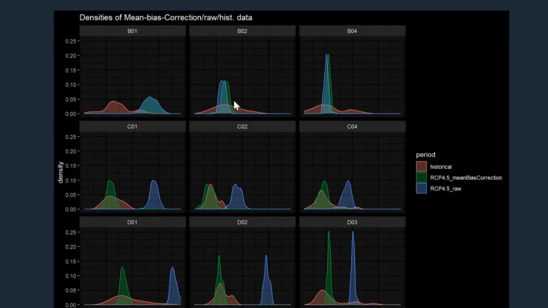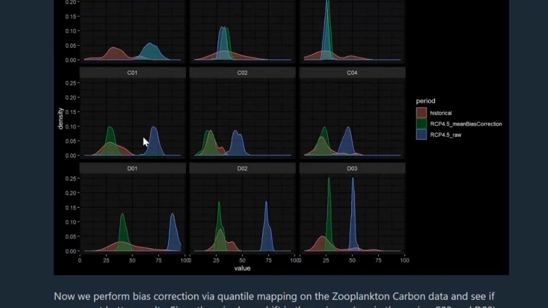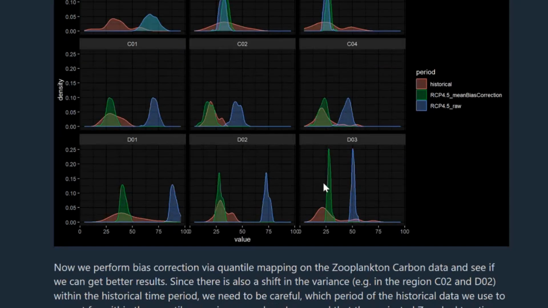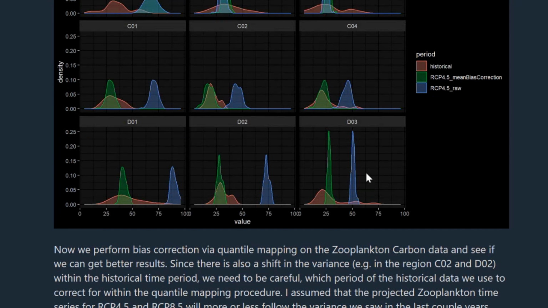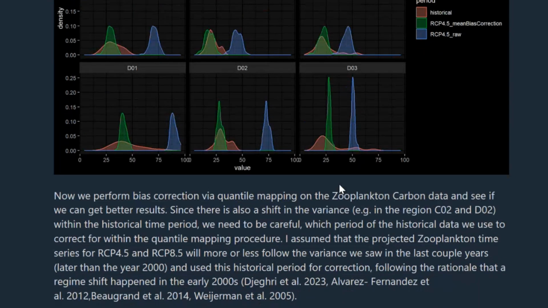For the area C01, your original raw RCP data was way above the historical period, but the mean bias correction shifted it so that the means do overlap quite well. However, the variance here, as you can see by the spread of the densities, is not really matching. In a more extreme case, would also be D03 here, right? So it's not really capturing the variance structure.